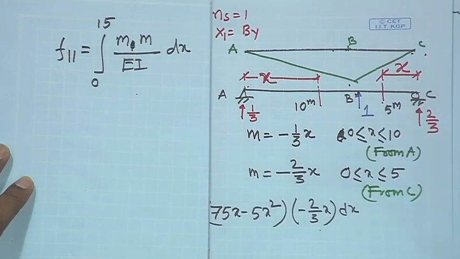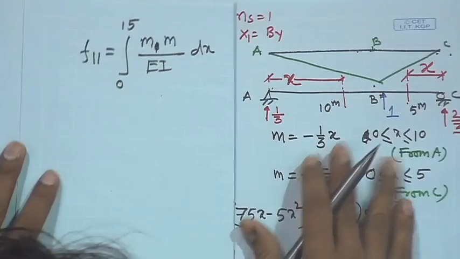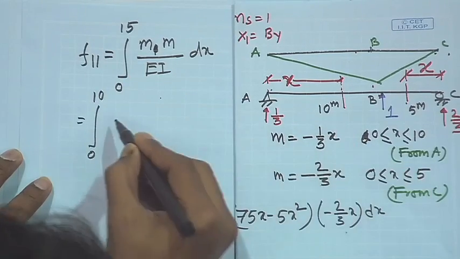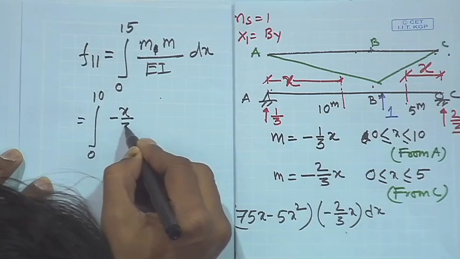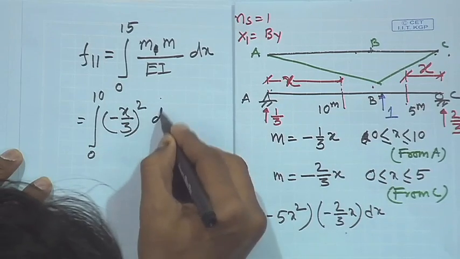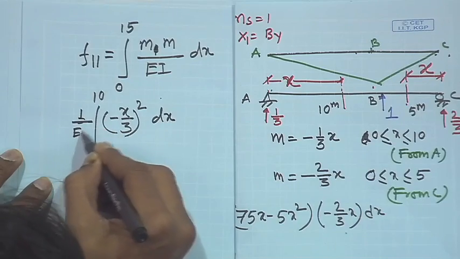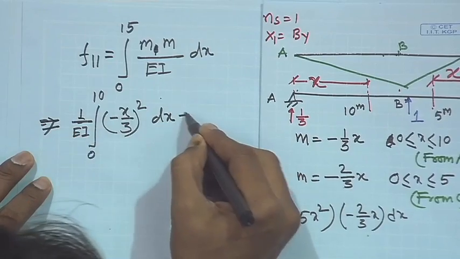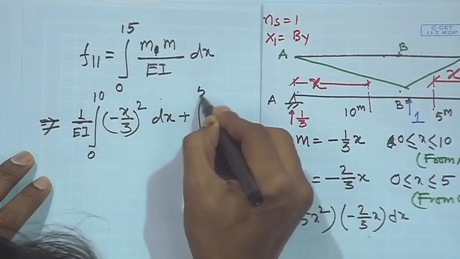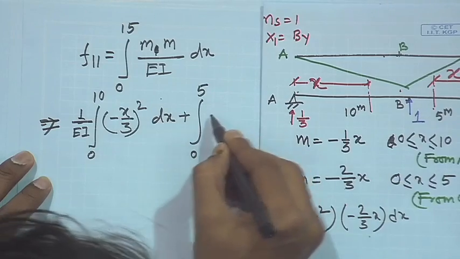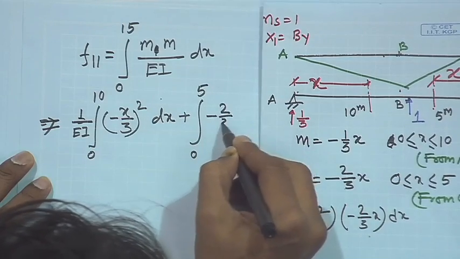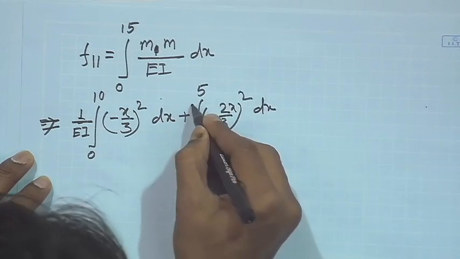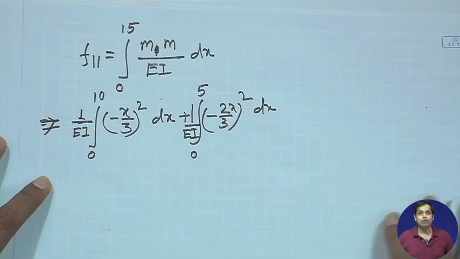dx. Okay. And the expression for m, we know that this becomes 0 to 10, x minus x by 3 whole square dx 1 by EI, plus 0 to 5, it is again minus 2 by 3 x whole square dx 1 by EI.